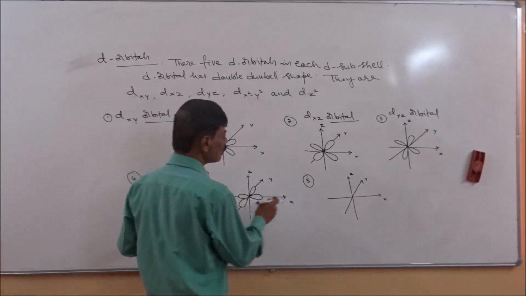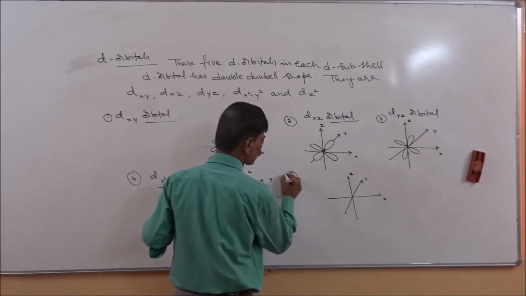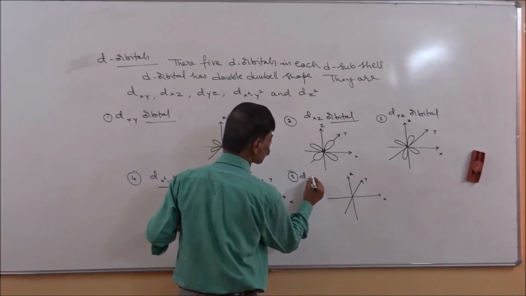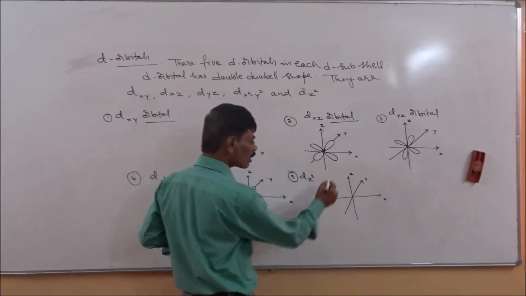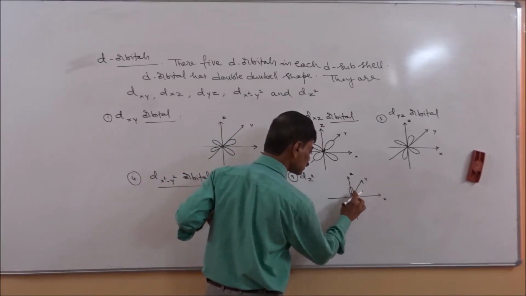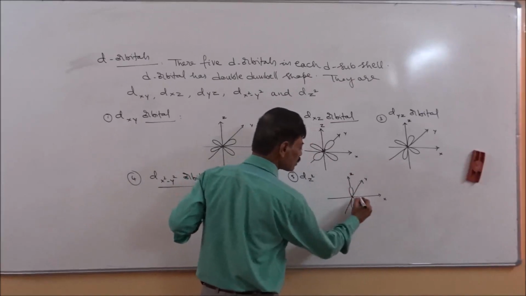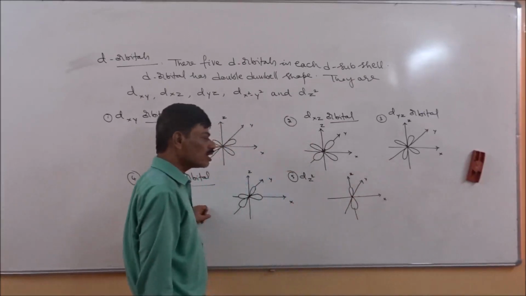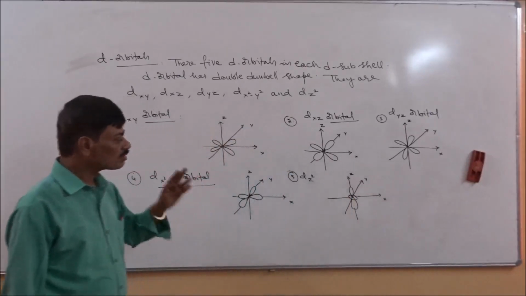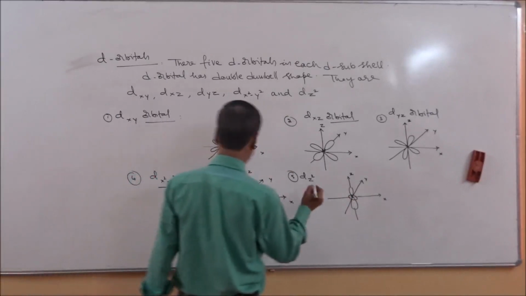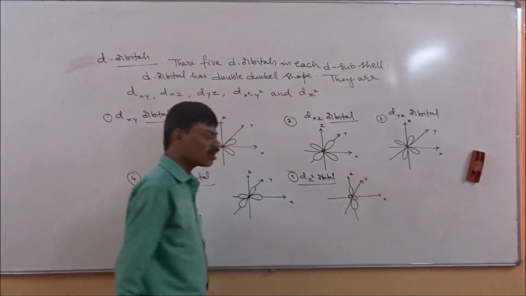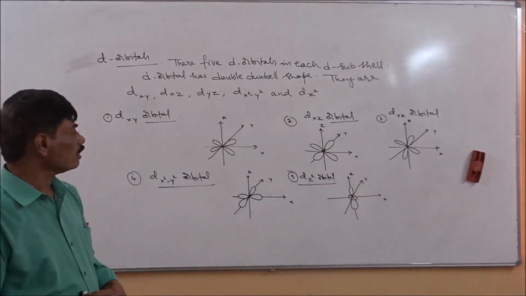And the fifth orbital, as I told you, is the dz square orbital. So the z axis is this. Over the z axis we will show one dumbbell. And here, instead of a dumbbell, I will show one circle over the x axis like this. This is the 3dz square orbital. So in this way, children, we have 5 different types of d orbitals.